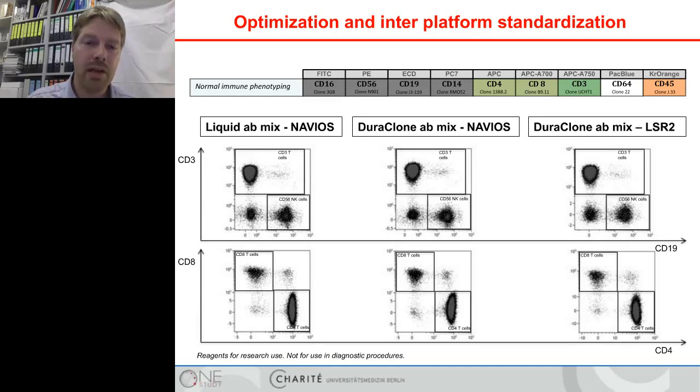On the left column, you see the results for the B cell population and the T cell subpopulations for the liquid antibody mix at our reference machine. In the middle column, for the DuraClone mixes of the same sample, same material. And in the right column, you see the results measured on a different platform with similar settings. The results are highly comparable.